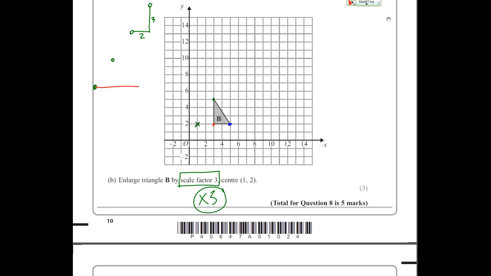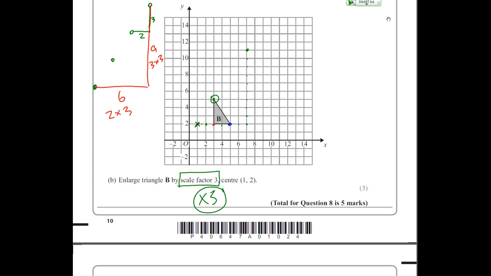Actually, we're going to go 6 across, 9 up, because that's 2 times 3, 3 times 3. So let's go 1, 2, 3, 4, 5, 6 across, 1, 2, 3, 4, 5, 6, 7, 8, 9 up. That's your new point corresponding to this point.